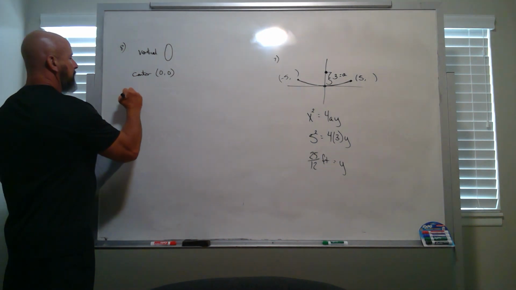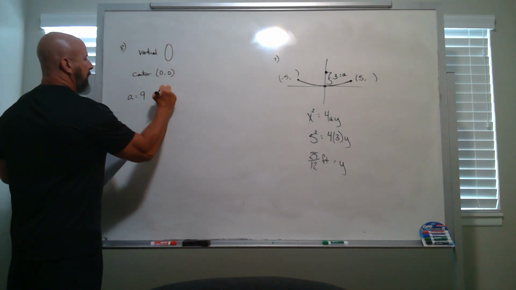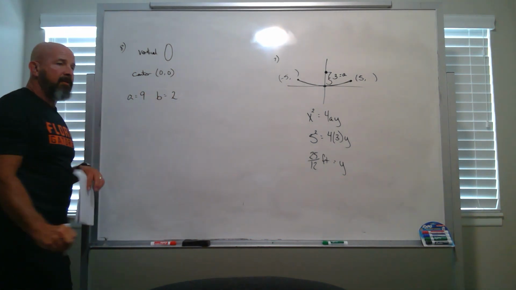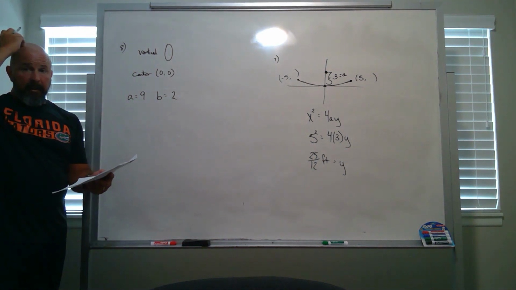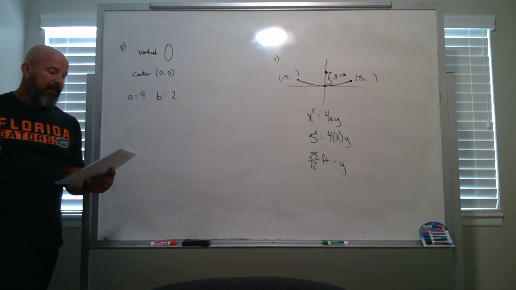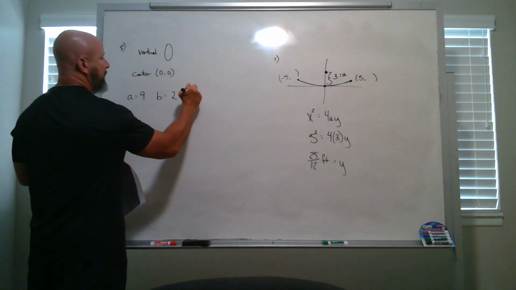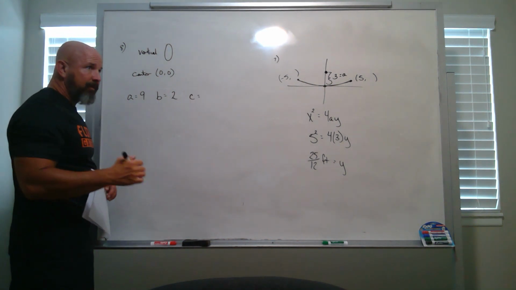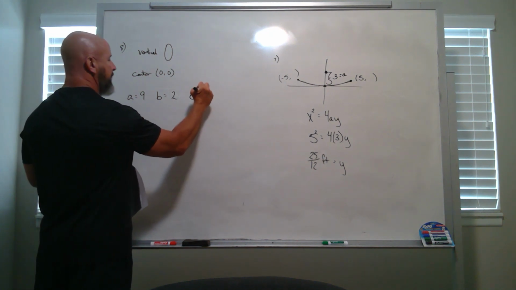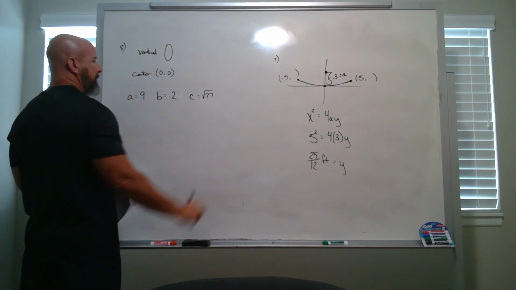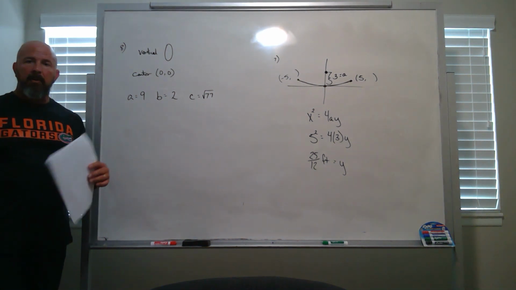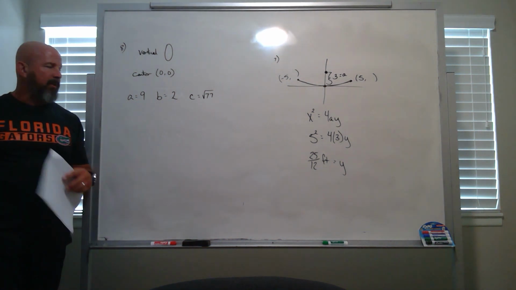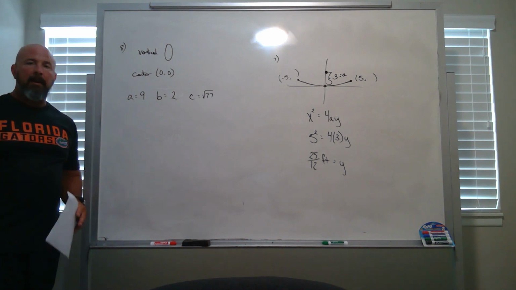My A value is 9. My B value is 2. So A squared is 81, so A is 9. B squared is 4, so B is 2. And C would be 81 minus 4, which is 77. So root 77 would be my C value, or a decimal is fine there. There's nothing wrong with using a decimal if you'd rather use that than the radical.